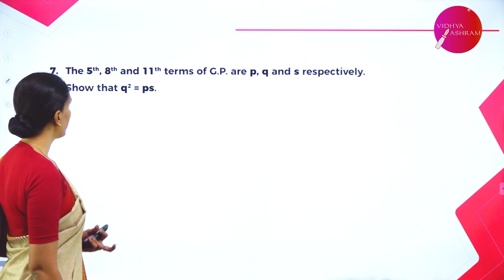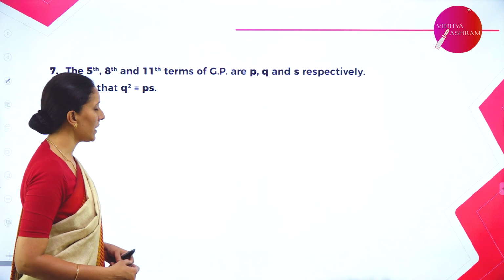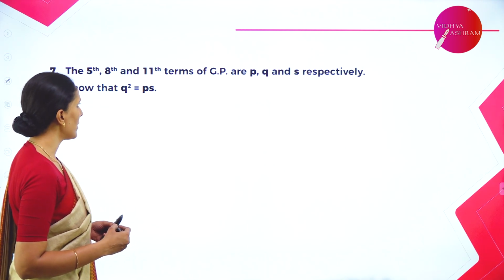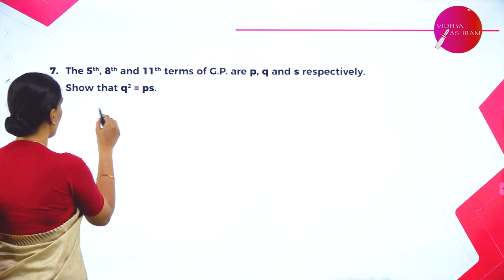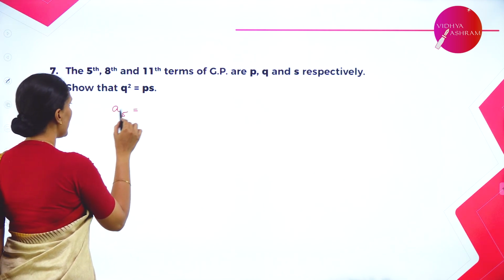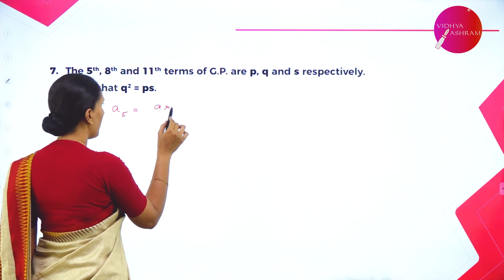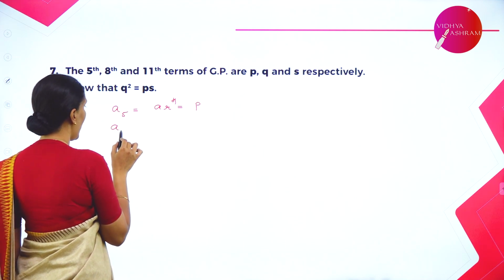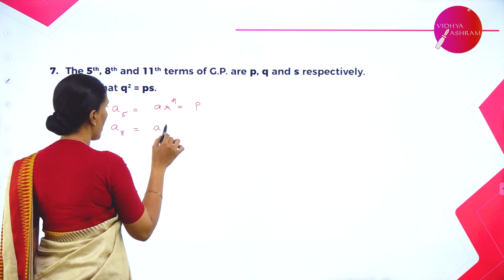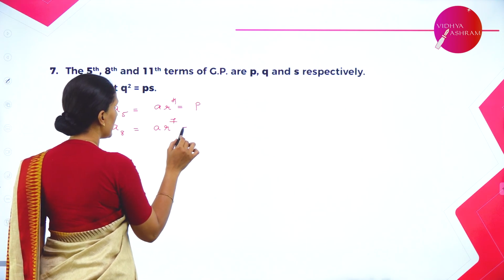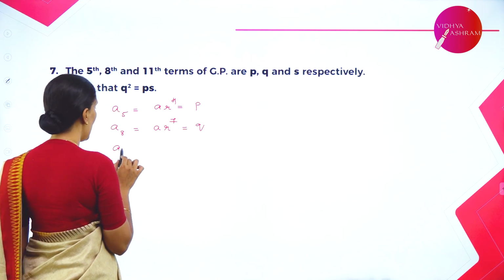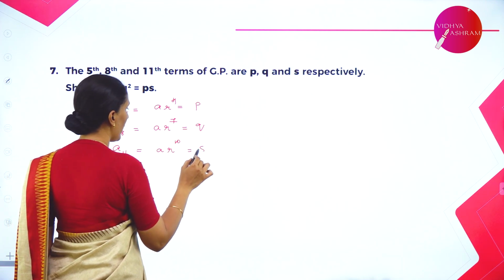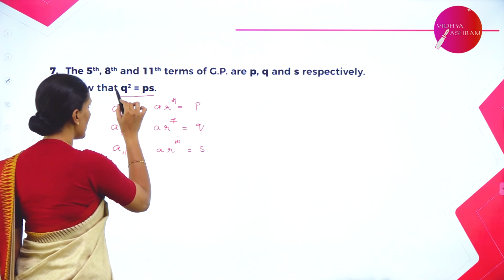Next one, the 5th, 8th and 11th terms of a GP are P, Q and S respectively. Show that Q square is equal to PS. The 5th term, that is A5, can be written as A r power 4 and this is equal to P. 8th term, A8, this is A r to the power 7 is equal to Q. Next A11, this is A r to the power 10 is equal to S. We need to show that PS is equal to Q square.